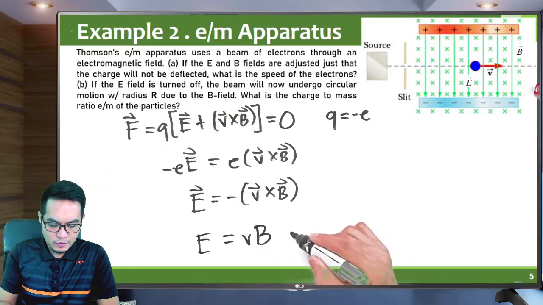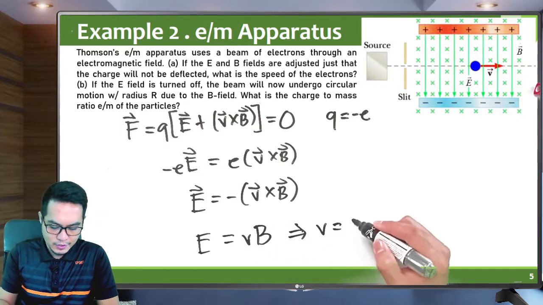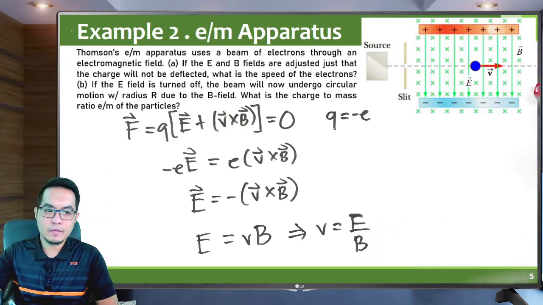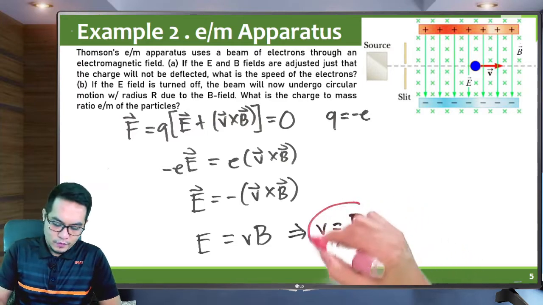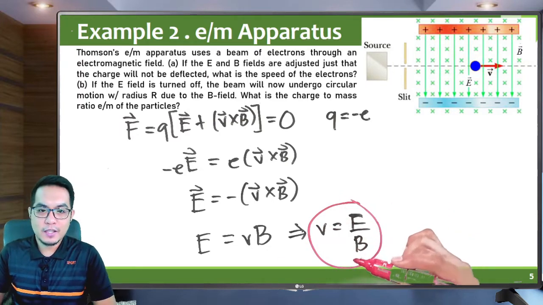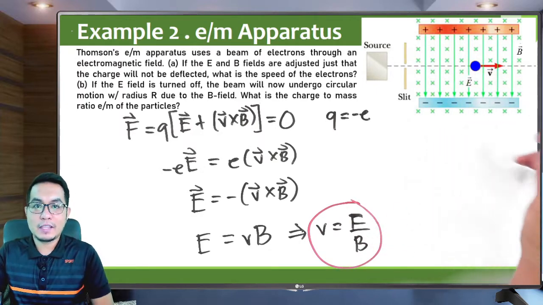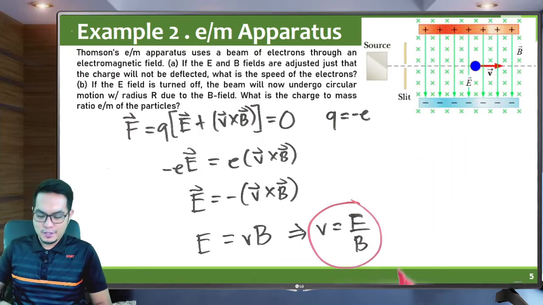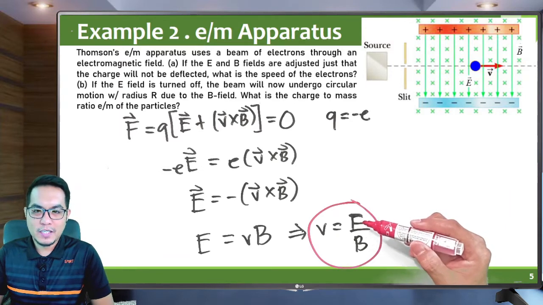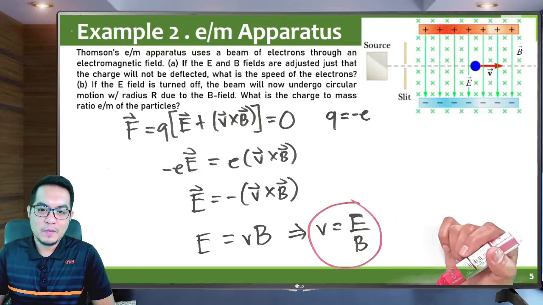And then we can now solve for the velocity of the electron. It's just E over B. So when the electric and magnetic fields are adjusted such that the electrons are not deflected, experience zero force, then the speed of the electrons is given by the magnitude of the electric field over the magnitude of the magnetic field.